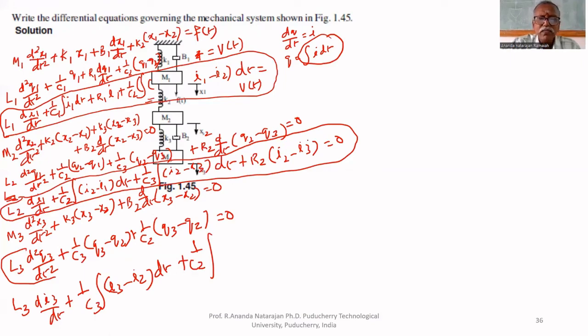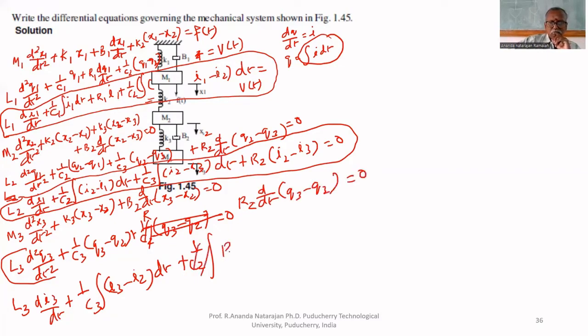I2 minus I3. Third equation, how many you will get? 1 by C3, B2 equal to R2 d by dt of (Q3 minus Q2) equal to 0.